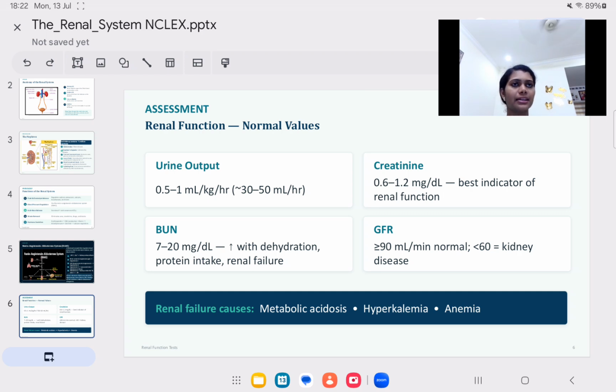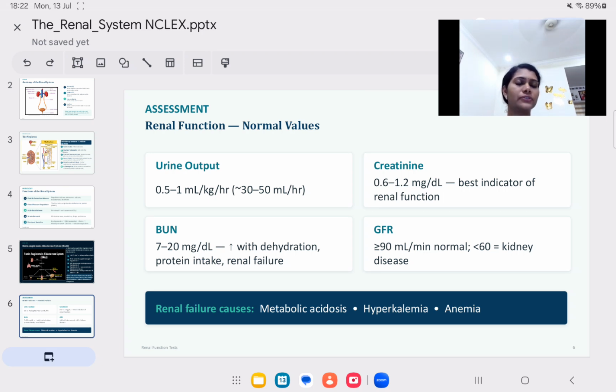Is that clear for you? Okay. Next we can go to some of the normal values. The normal urine output is 0.1 to 1 ml per kg per hour.